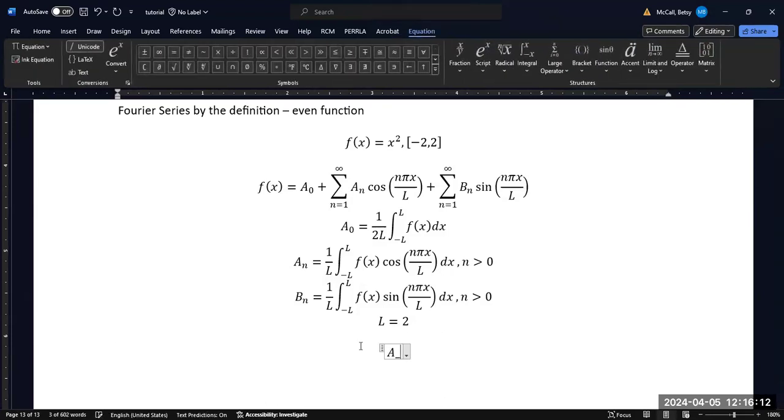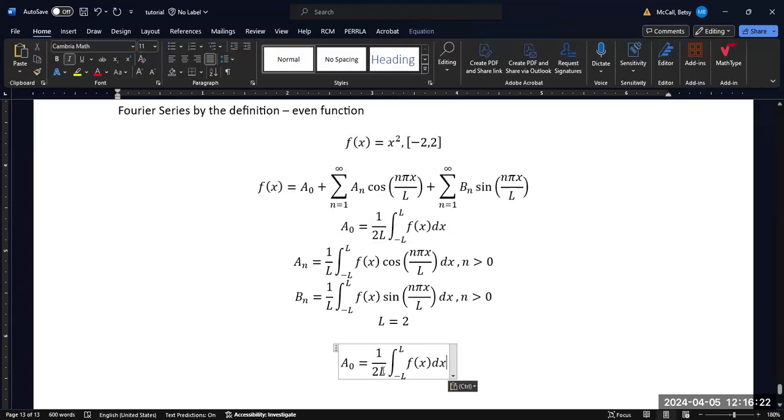So we're going to start with a sub 0, and we're going to fill in our values for L. So 2 times 2, and we're going to go from -2 to 2, and our function is x squared. Now, this is an even function, x squared is, and so we can use properties of even functions.